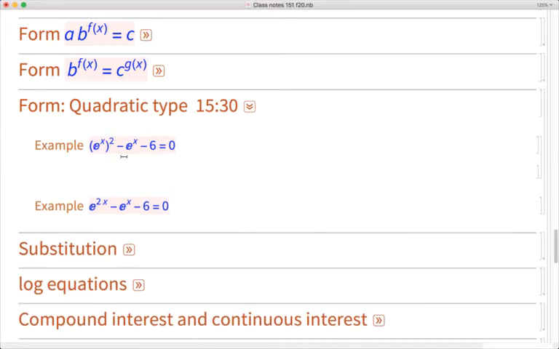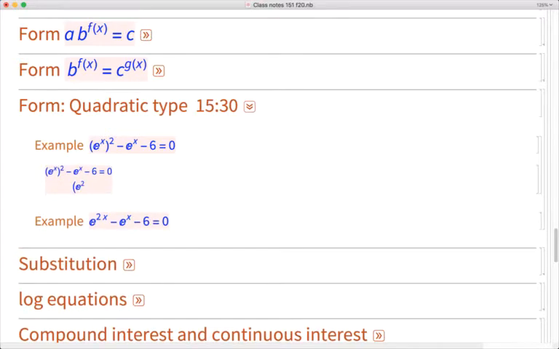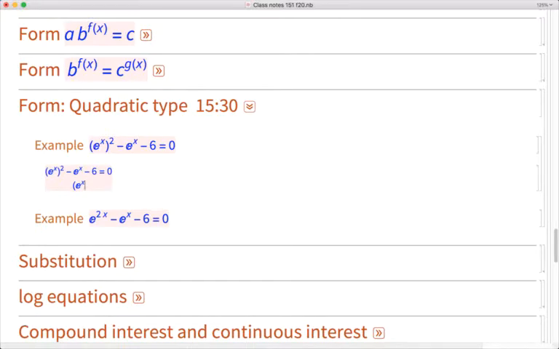And what you're going to try to do is factor this like any other quadratic. So we have something squared. If we're going to try to factor this, it's natural to hope that it might be e to the x plus or minus something here. We don't know.